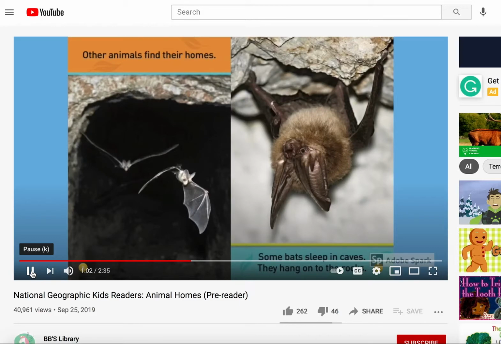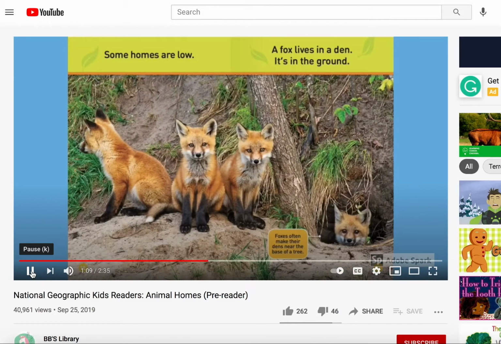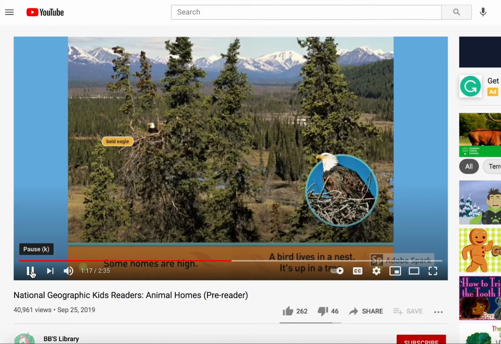Some bats sleep in caves. They hang onto the rocks. Some homes are low. A fox lives in a den. It's in the ground. Some homes are high. A bird lives in a nest. It's up in the tree.